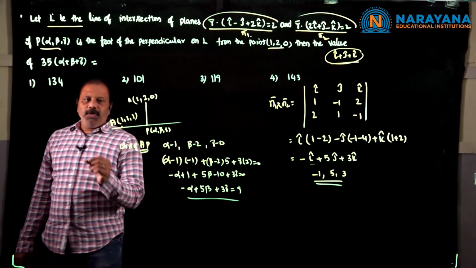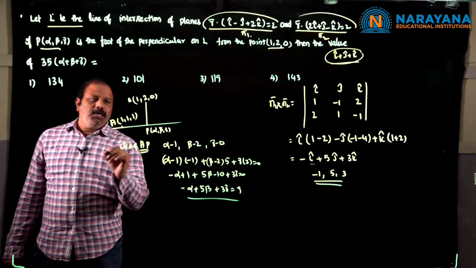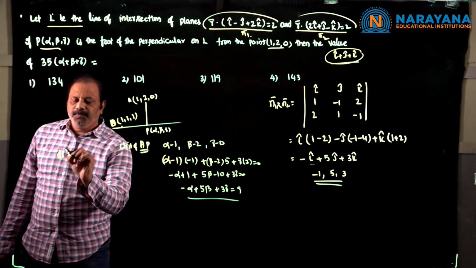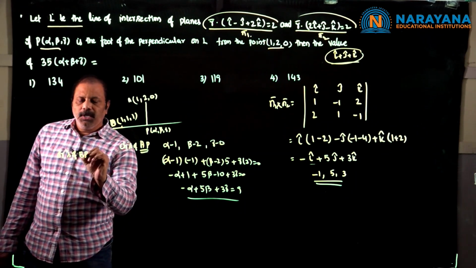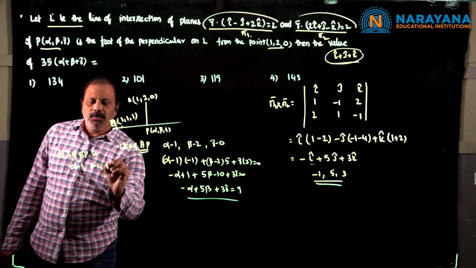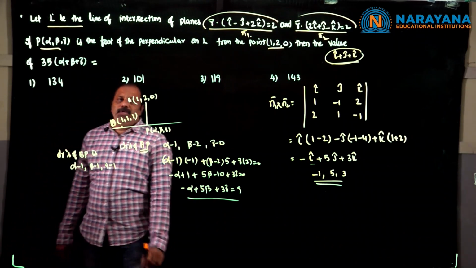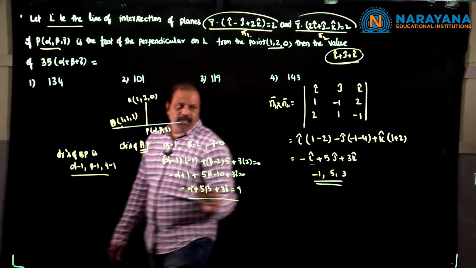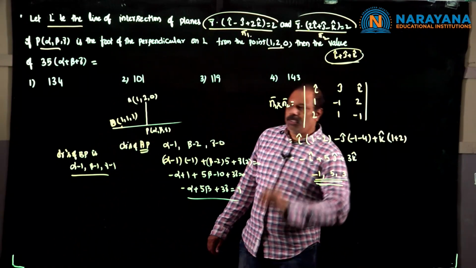Now, the drs of BP are alpha minus 1, beta minus 1, gamma minus 1. So, these two represent the same.